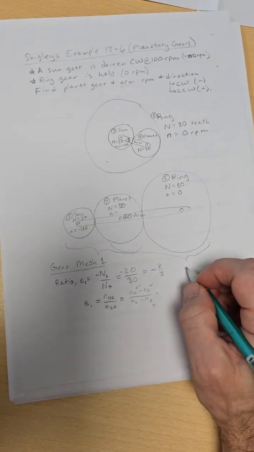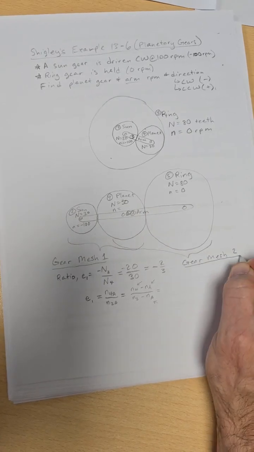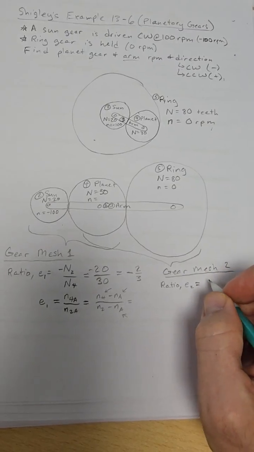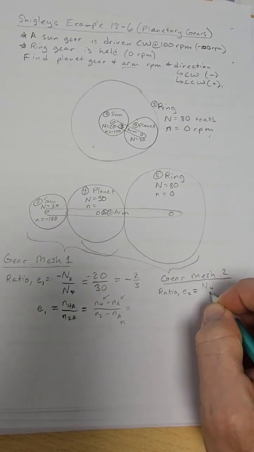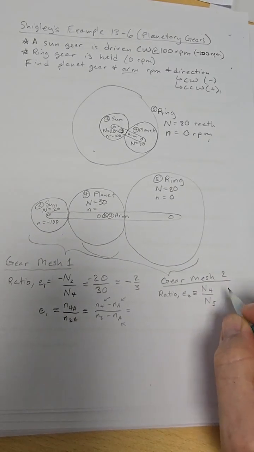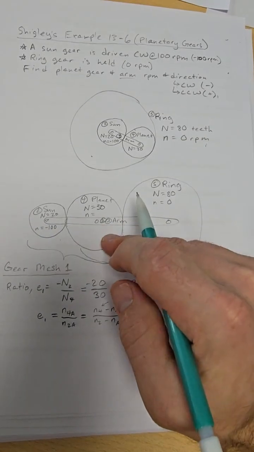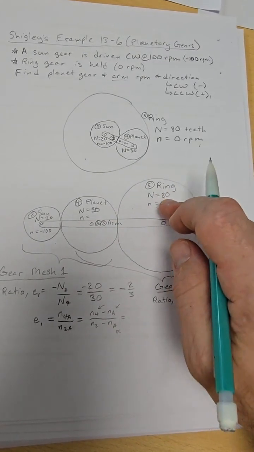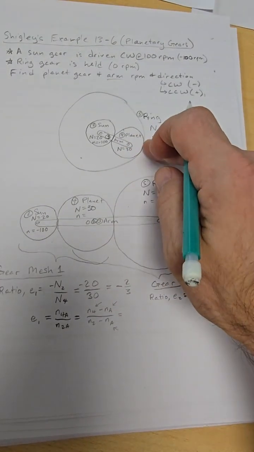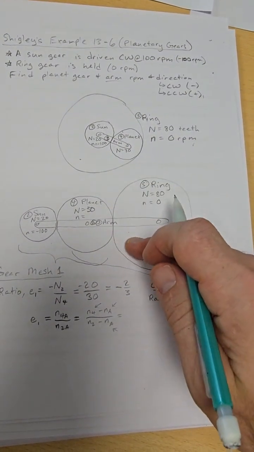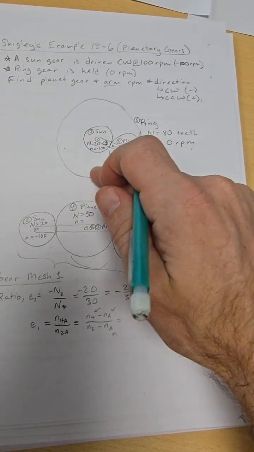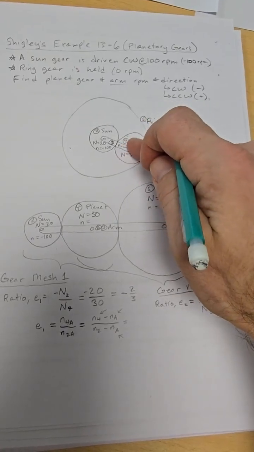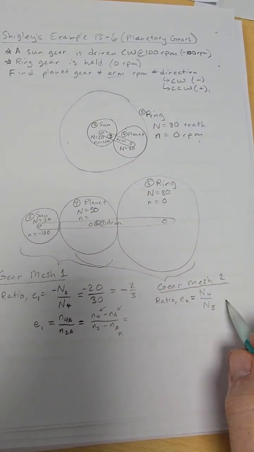Now, just for completion, I may not need it for this problem, but for gear mesh 2, the mesh ratio is N4 over N5. There's no negative here because even though in this construction the ring gear is going this direction, that's inverted from real life. In real life, the ring gear goes the opposite direction for the actual planetary gears. So gear 4 and gear 5 are going in the same direction.